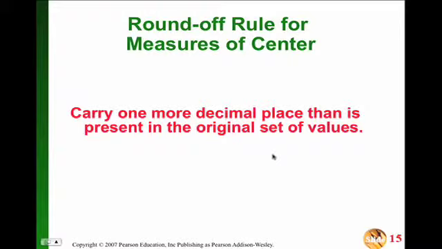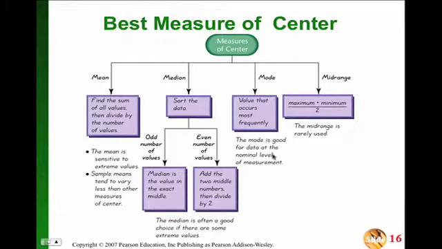Some round-off rules for measures of center: use one more decimal place than is present in the original set of values. There's also a chart handy in your PowerPoint and in the text, and I encourage you to look at it to review how you work with a mean, how you work with a median with odd and even numbers, and what a mode is.